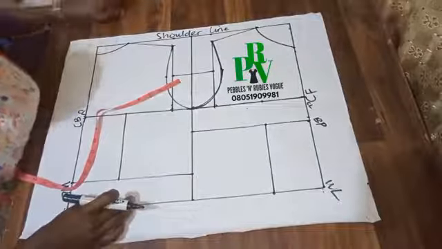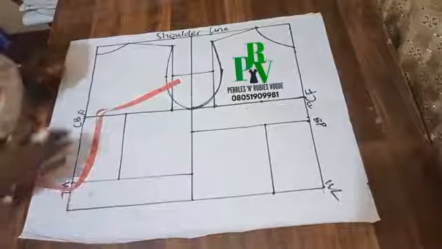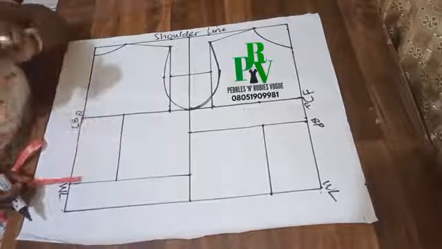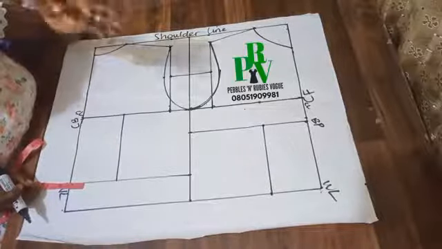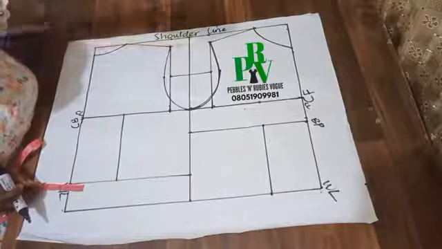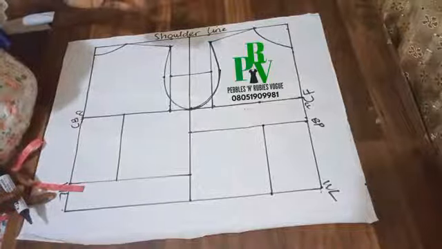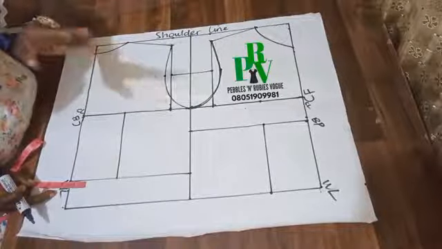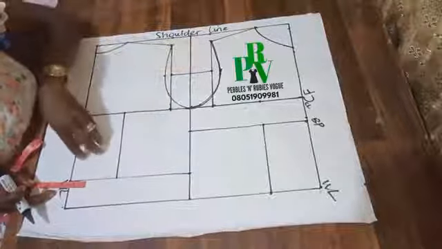So the next thing to determine now is, you know that bulge that always appears at the back of a garment when this is not done. So this is just to remove the bulge at the back block.